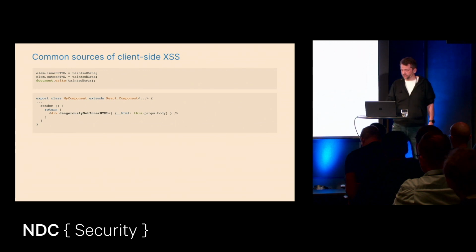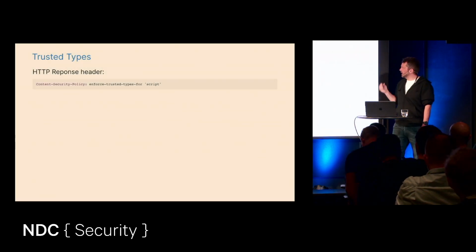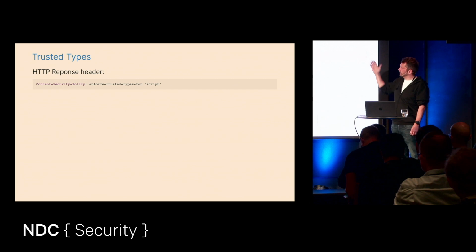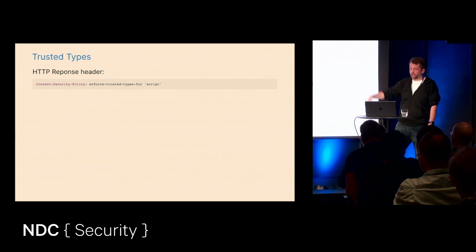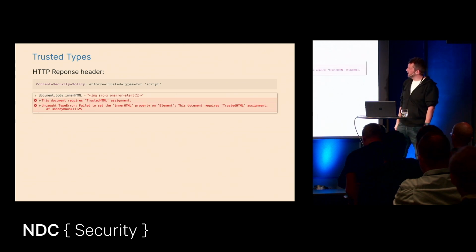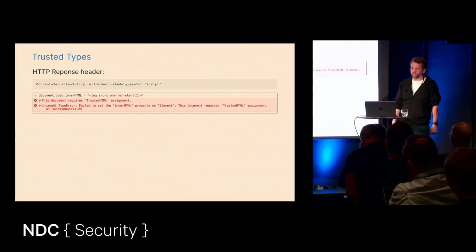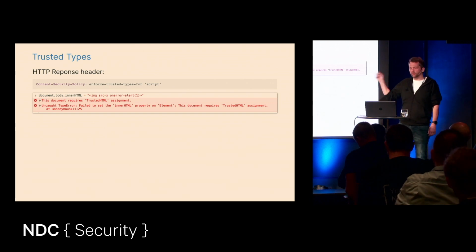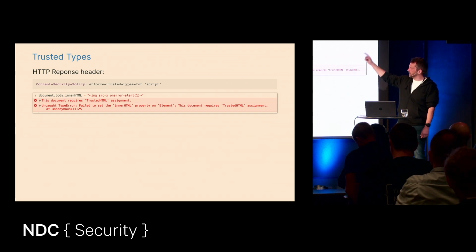So with Trusted Types, we change the API. The way we do it is we set a header which says enforce Trusted Types for script. And now if we try to assign a string to innerHTML, it says, well, you can't do that anymore because you've enforced Trusted Types. So we modified the API to say the only thing that you can assign to innerHTML is something called TrustedHTML.